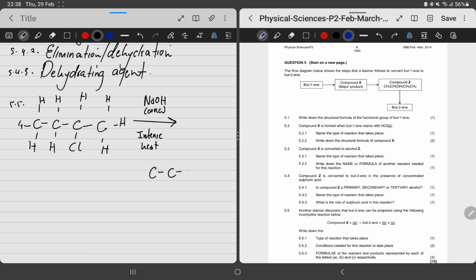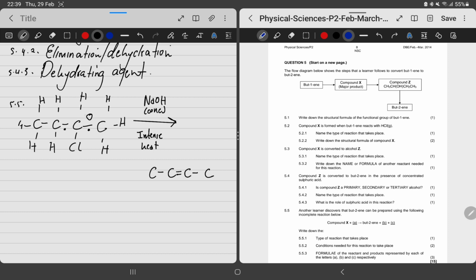You are going to have 1, 2, 3, 4. We said that Zaitsev says that we should remove the hydrogen from the carbon that has less hydrogen. So we are going to have the double bond being there. You see, we can either have the double bond there, or we can have the double bond there.